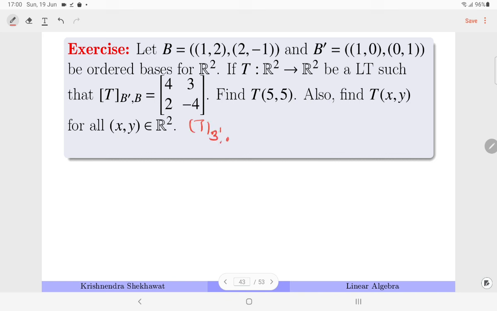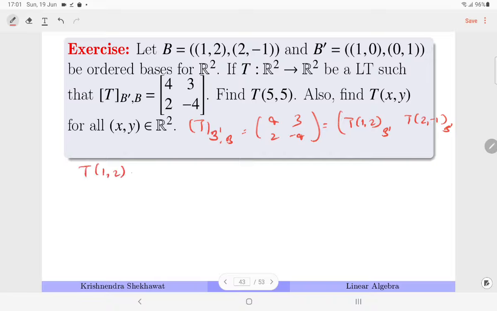So T of B dash B is given, which is 4, 2, 3, minus 4, which is T of V1. Even if you write V1 as (1, 2), so T of (1, 2) with respect to B dash, and T of (2, minus 1) with respect to B dash are given.